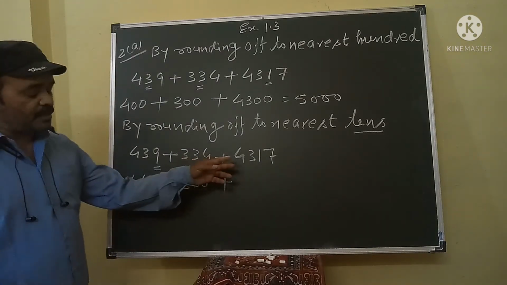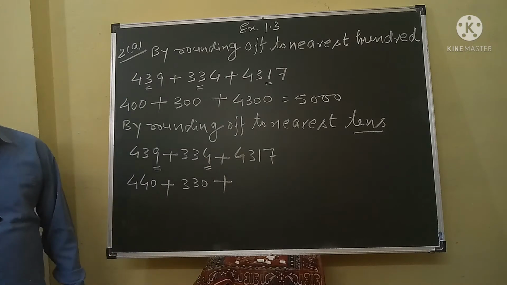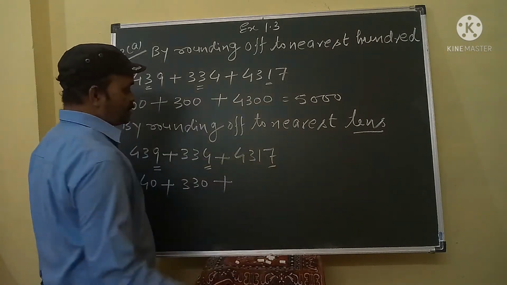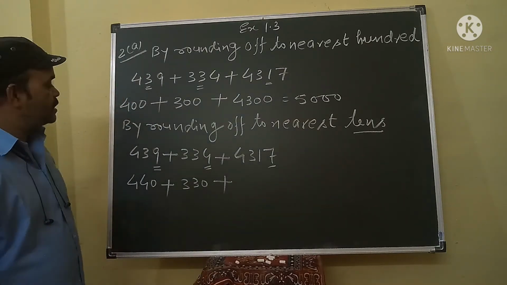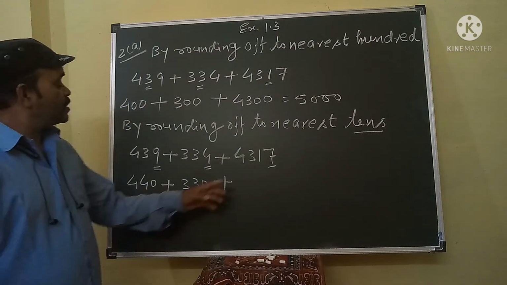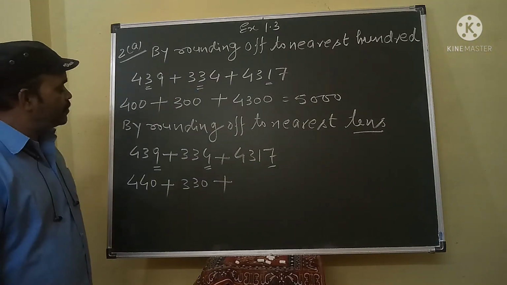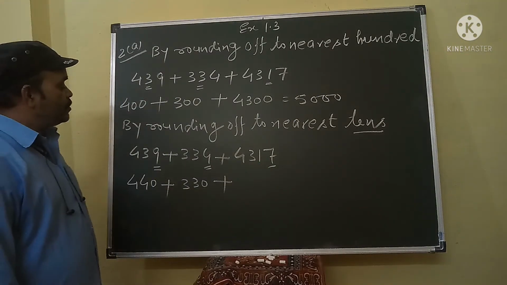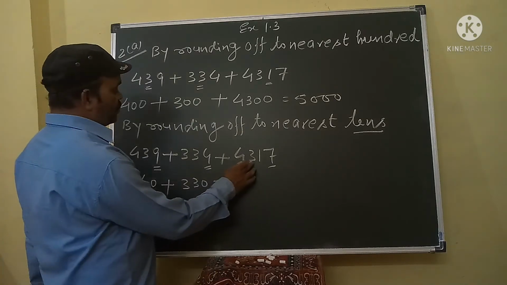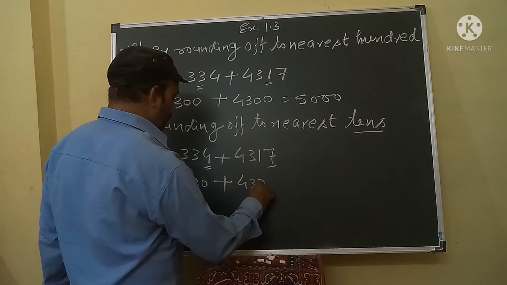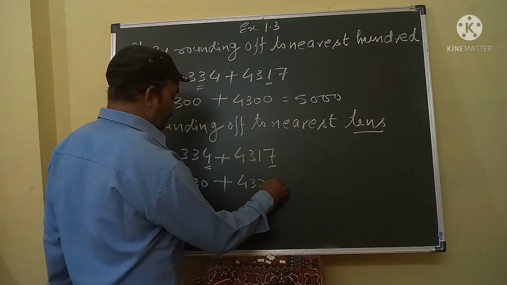In 4317, the ones digit is 7, and 7 is more than 5. Therefore, rounding off 4317 will be 4320.